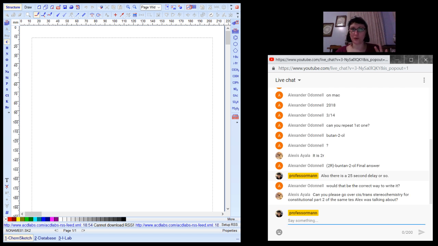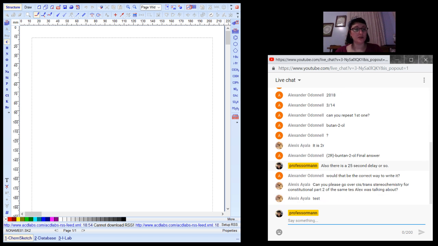Okay. I think we're in the clear on weird stuff. So, Alexis, the only way we have seen cis-trans stereochemistry is in ring structures. So you need a constitutional isomer, which is the same formula but different connectivity, like what we learned last exam.